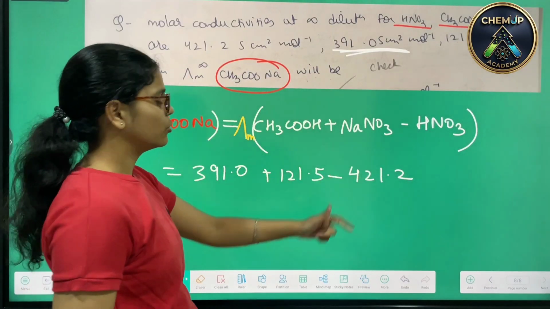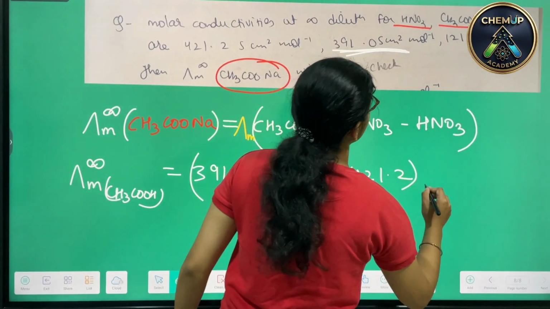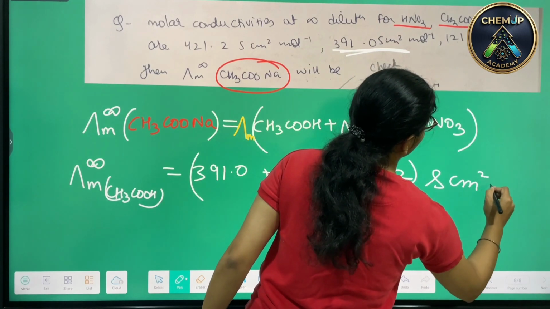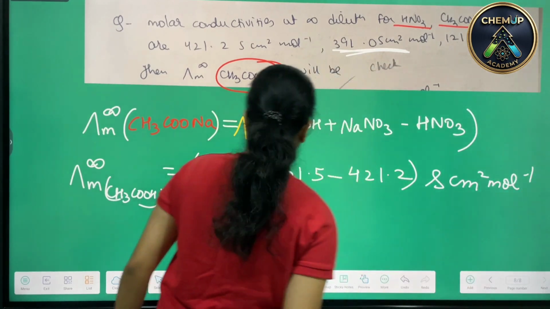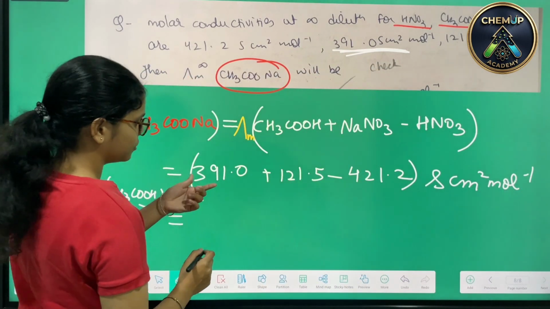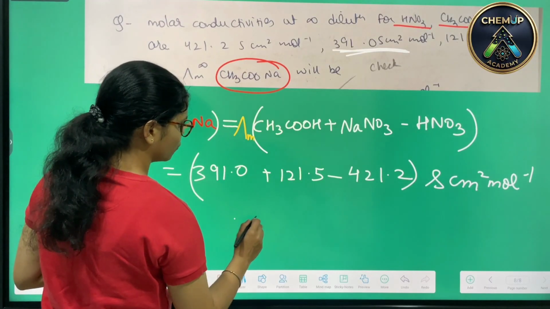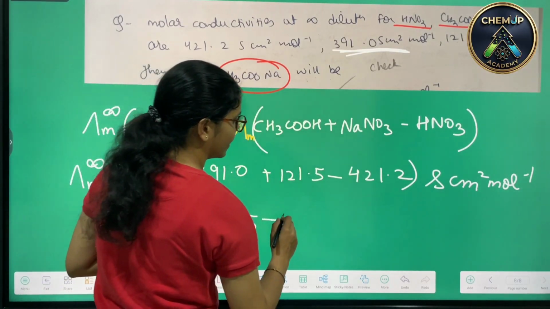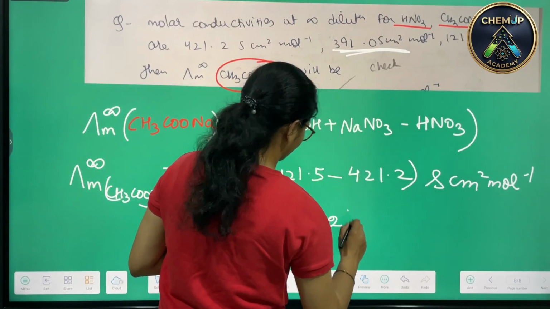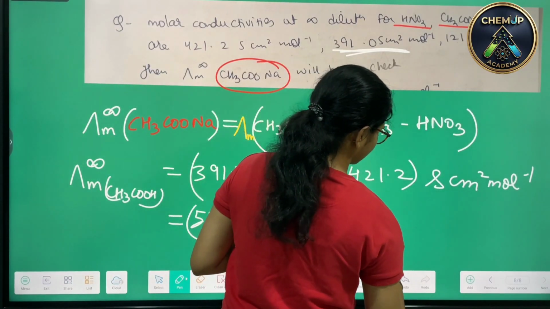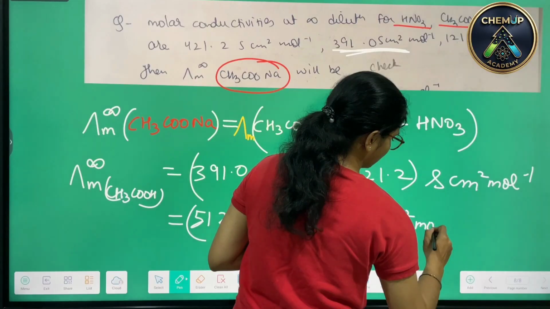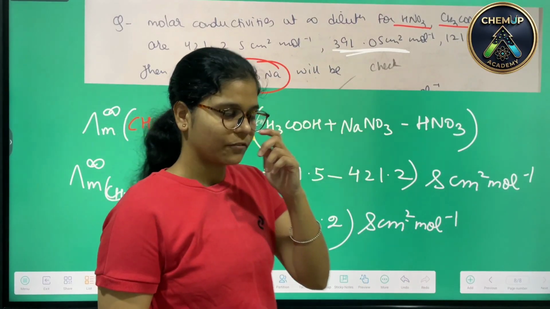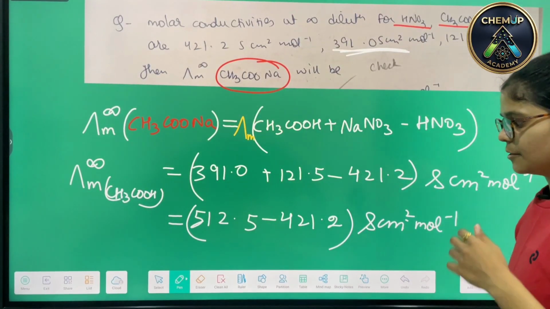On solving this particular thing, we can get our answer. 391 has to be added to this, so we can get it as 45 minus 421.2, and this goes like this. Like this, if you solve, you can get the final answer.